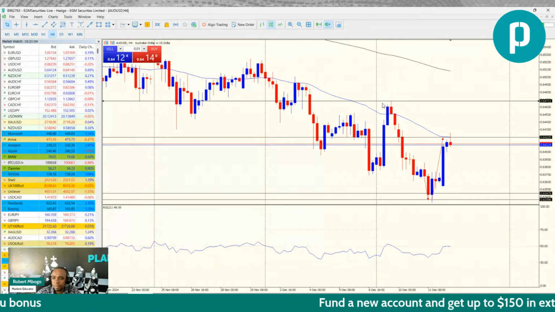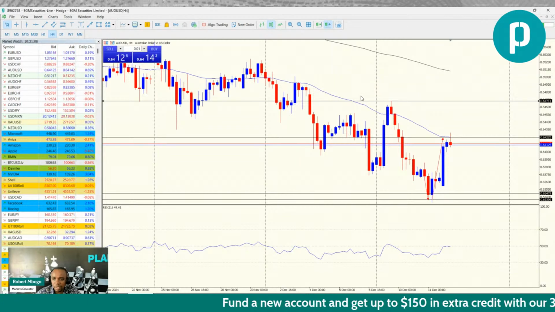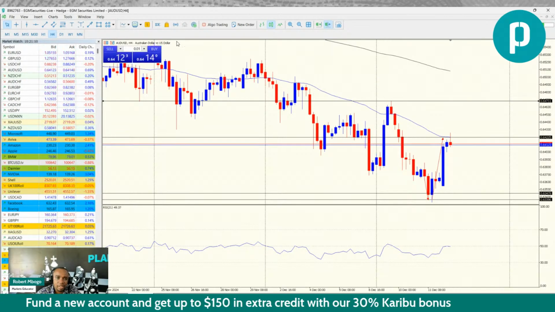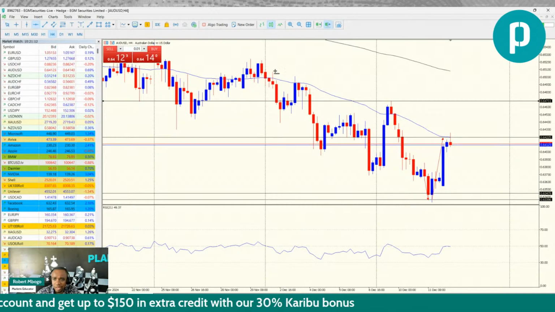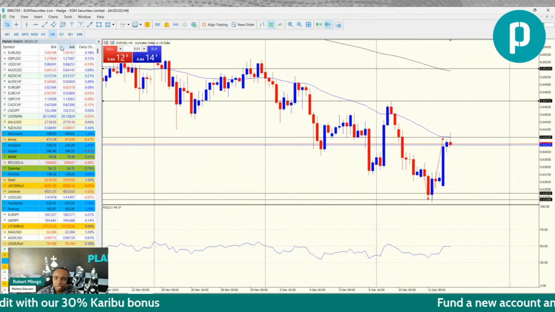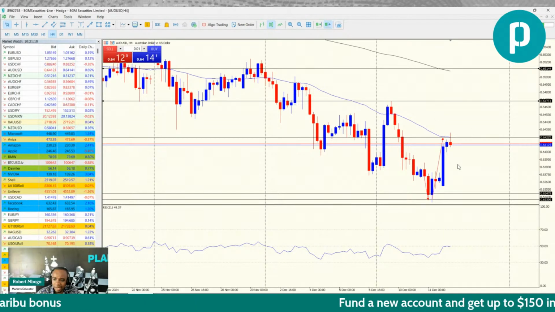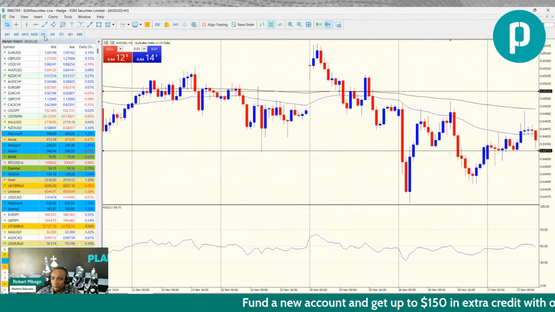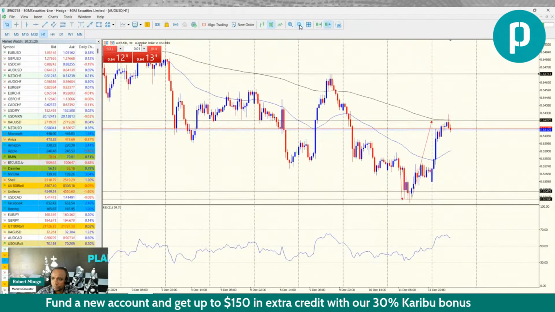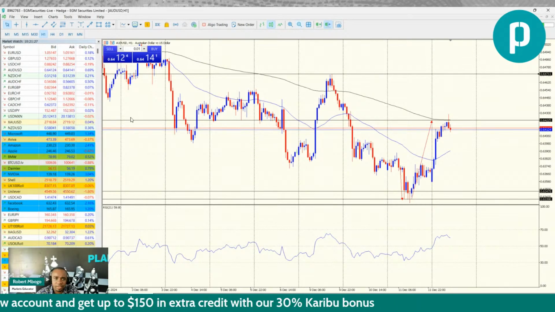This is the highest price in a week. Remember in the master classes, I taught you about the weekly high acting as an area of resistance. There's also last week's high, which now is coinciding with a moving average on H4. So those are possible areas the Australian dollar could move into. So there's a possibility of us going there.